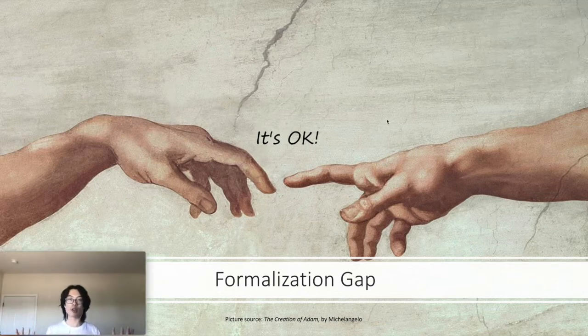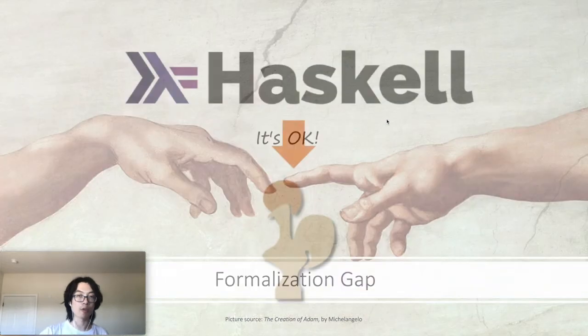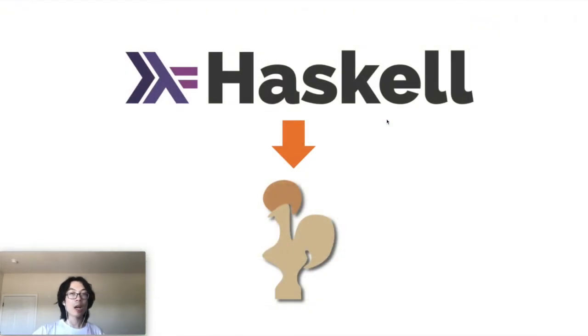And this point of view comes from our own experience of applying interactive theorem provers to Haskell. We have developed a tool that automatically translates Haskell programs to Coq programs, and we name our tool hs-to-coq, unsurprisingly. And in the past, we have applied this tool to verify some existing Haskell programs.